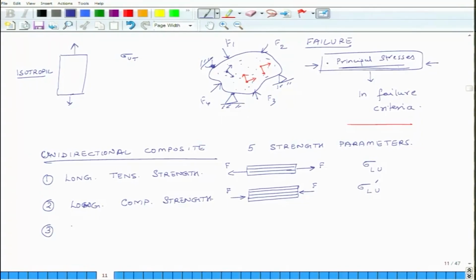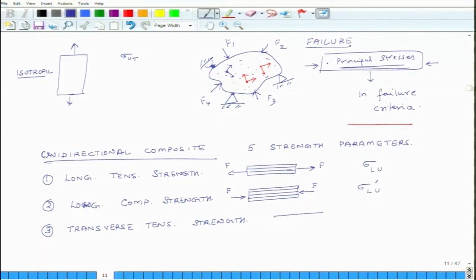The third one is transverse tensile strength. Okay. Transverse tensile strength. So, what do we do here?